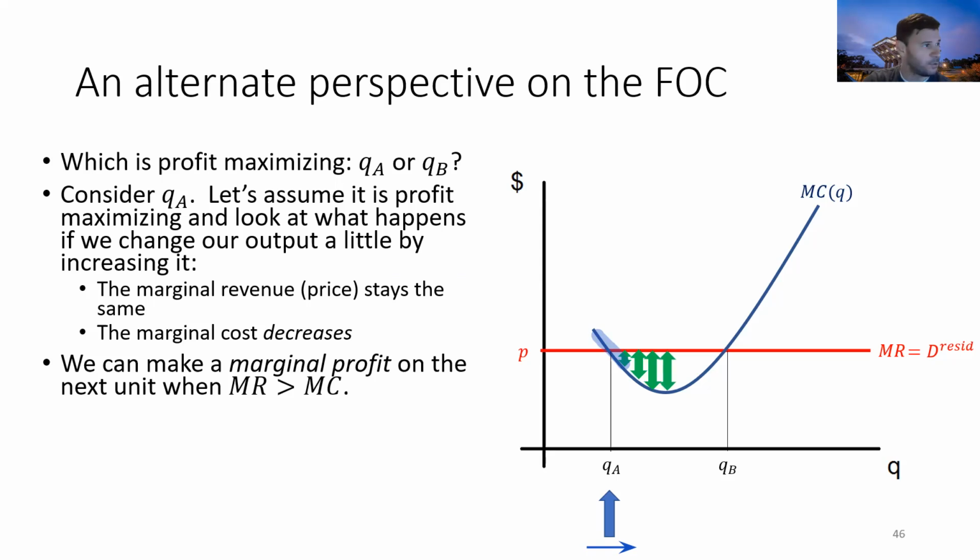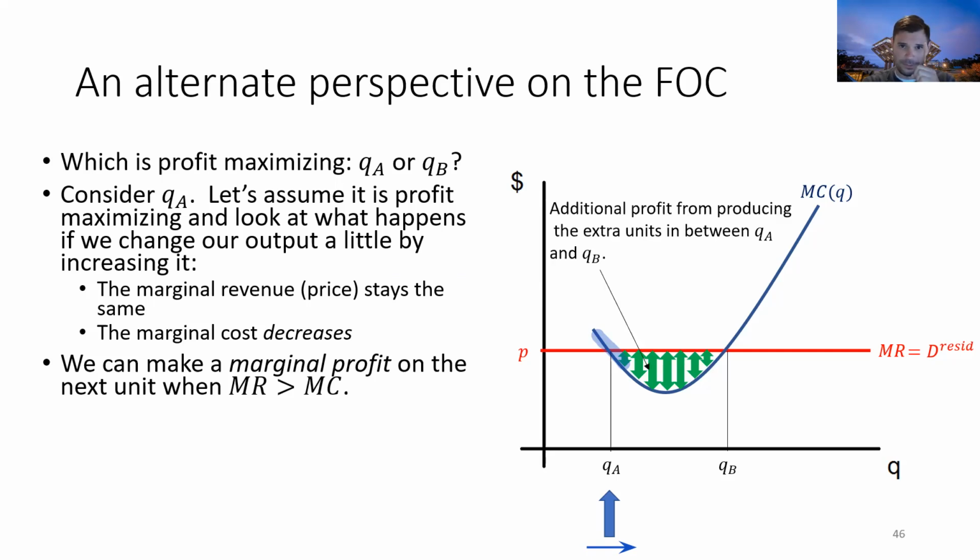So as we keep producing these units between QA and QB, hopefully everyone agrees, we keep moving up the profit mountain. This is additional profit from producing all of these extra units in this interval between QA and QB. So I'm going to argue A is definitely not a profit max.